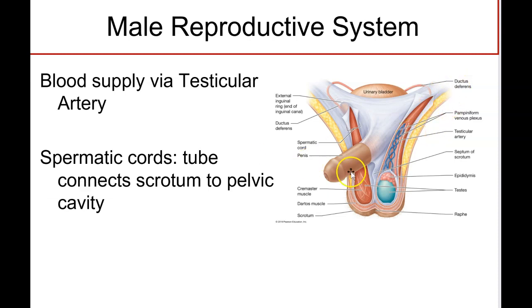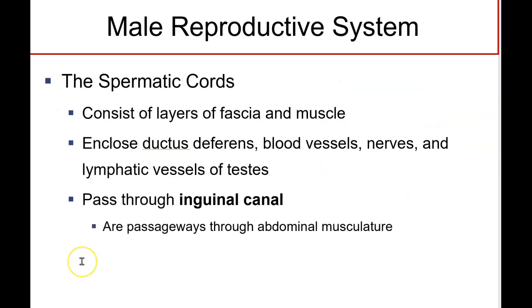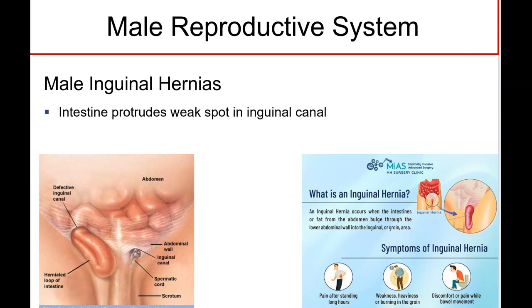And they pass right through the groin, which is the inguinal canal. And as it passes through there, there's actually abdominal muscle. What can happen if you get a weak spot in an abdominal muscle is that part of the small intestine can herniate or poke through, and this is called an inguinal hernia.